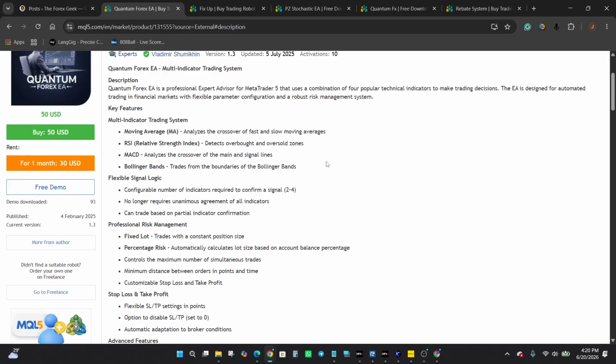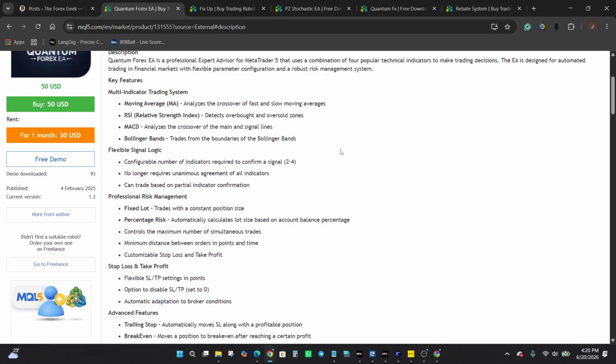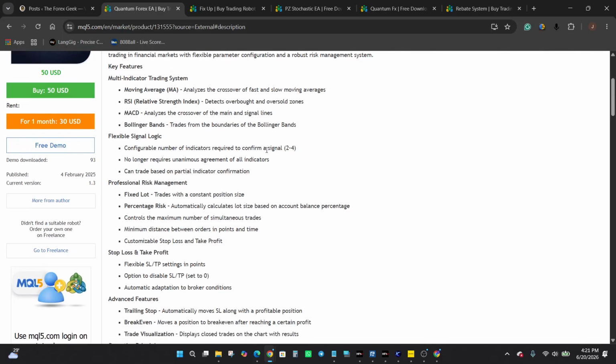Now, as I continue through the settings section, there are several risk management options available. The EA supports both fixed lot sizing and percentage-based risk calculation, giving traders different ways to manage position sizing. There are also controls for limiting the maximum number of simultaneous trades, along with minimum distance and time filters between orders.